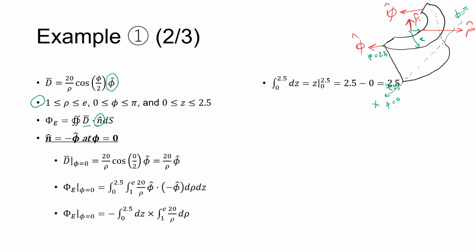So if the normal was rho, we don't care. If the normal was k, for example, this upper surface here, we don't care about because normal is k. Below we have a similar surface here, we don't care. The cylindrical surface here, the normal here is rho, so we don't care.